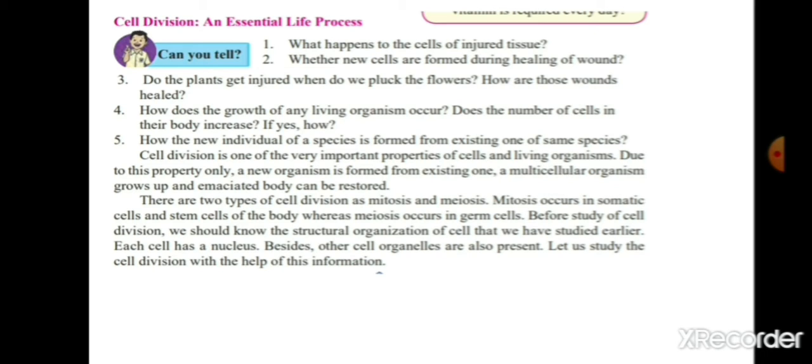Now the next one: the diploid cells are 2n and the haploid cells are n. All the normal body cells are always 2n, while only gametes formed by reduction division are n. In the 2n condition, each type of chromosome is in a pair, while in the n condition, there is a single chromosome of each type.